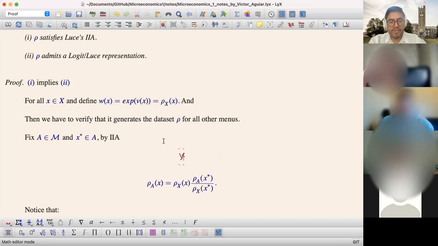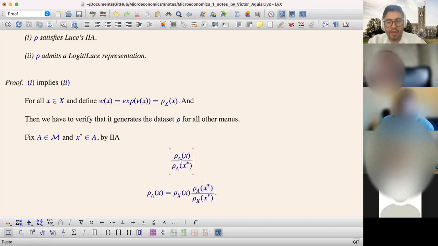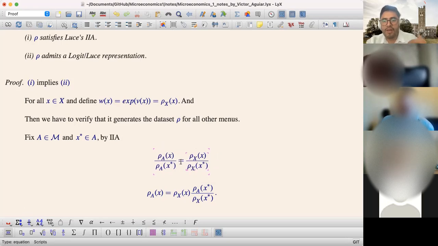Let me rearrange it so there is no confusion. The only thing I'm changing is the menu: instead of the menu A, I change it to the menu X. Great, so now this is IIA.